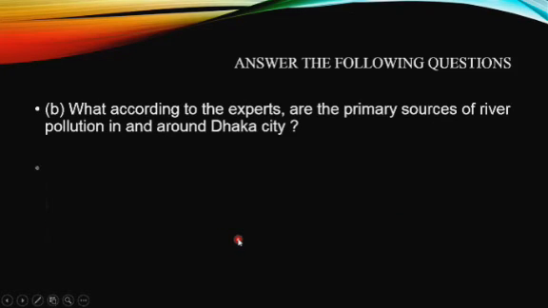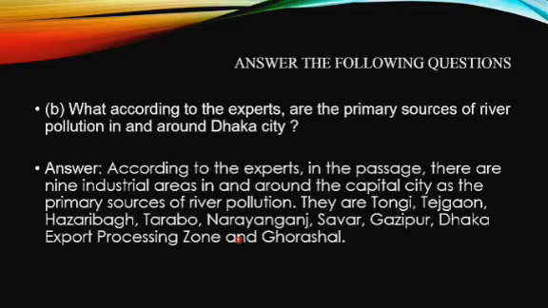So our answer should be, according to the experts in the passage, there are 9 industrial areas in and around the capital city as the primary sources of river pollution. They are Tongi, Tejgaon, Hazaribagh, Tarabo, Narayanganj, Savar, Gazipur, Dhaka Export Processing Zone, and Ghorashal.